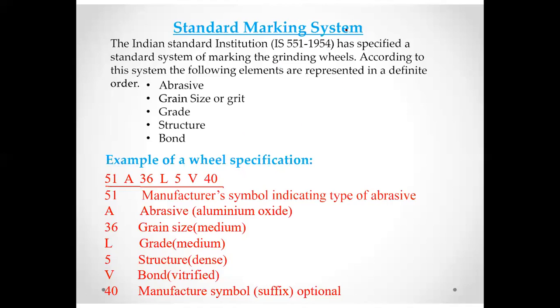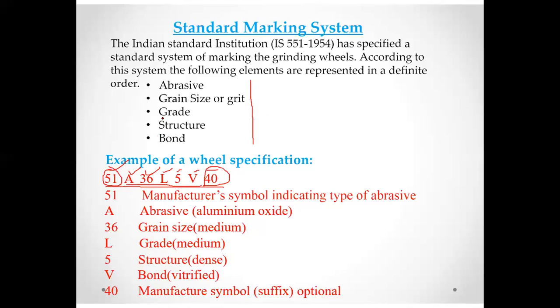You see here, this is one, this is 1, 2, 3, 4, 5, 6, and 7. Total 7 are there. If you remove the last number as well as the first number, these are represented by manufacturer specifications. Other than these, whatever the 5 indications are there, these 5 indications represent the 5 specifications of a grinding wheel.